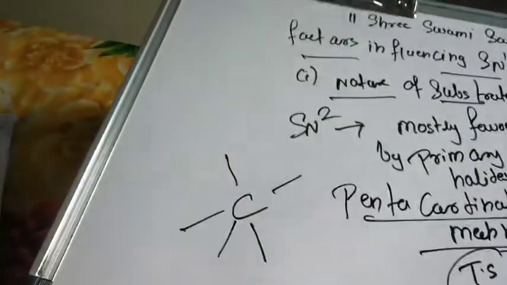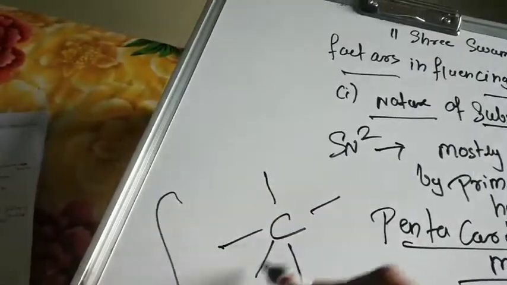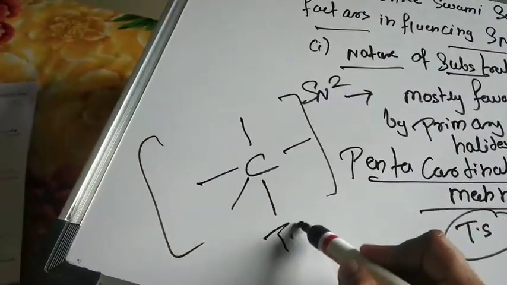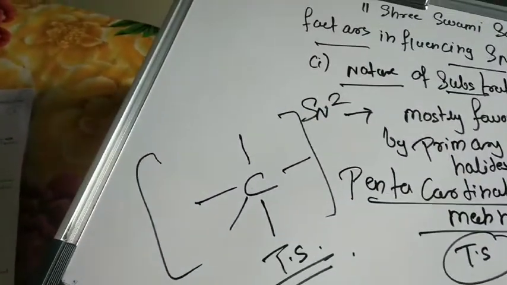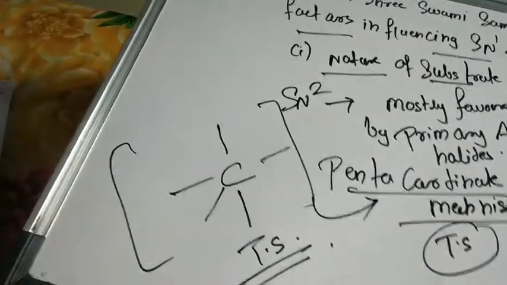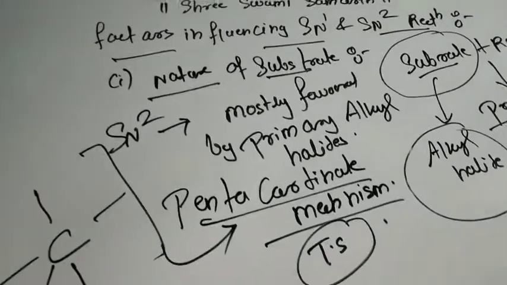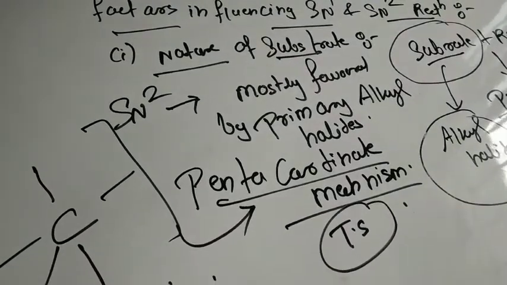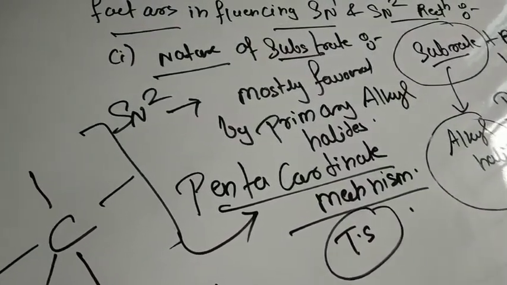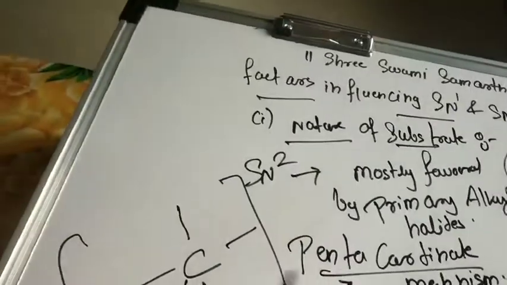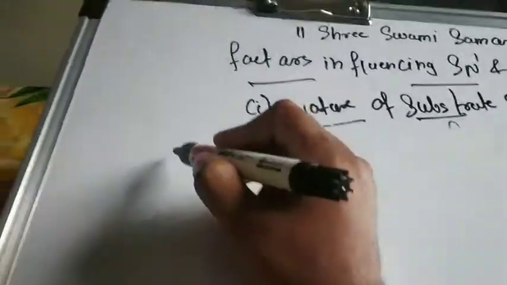One extra bond is formed, and that condition is called the transition state, and that transition state is the pentacoordinate mechanism, right? And that is why SN2 is mostly favored by primary alkyl halides and not by tertiary alkyl halides, right?